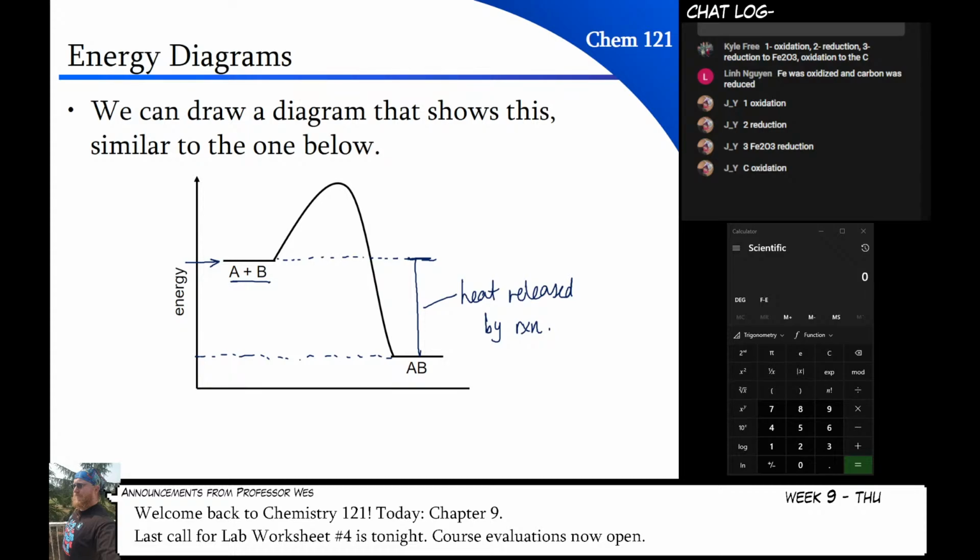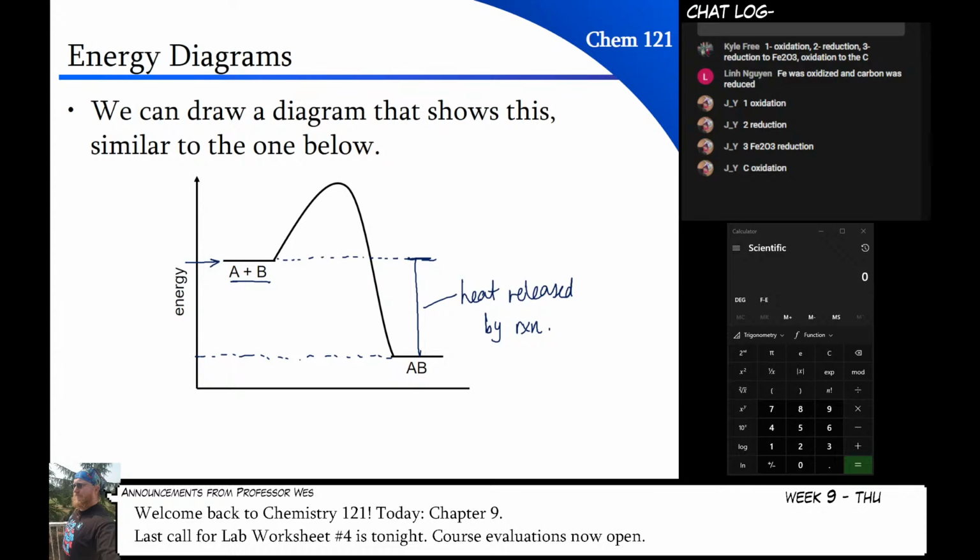So by looking at the difference between the reactants and the products here, we can determine where the energy goes or is coming from. In this case, heat was a product, so I release the heat, and that means that my products are that much lower in energy.